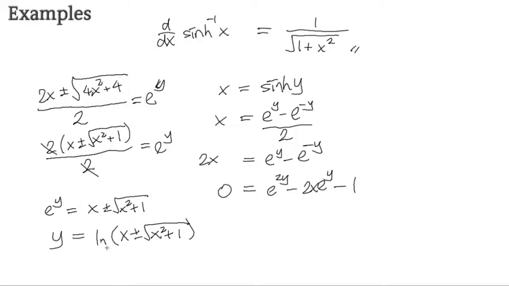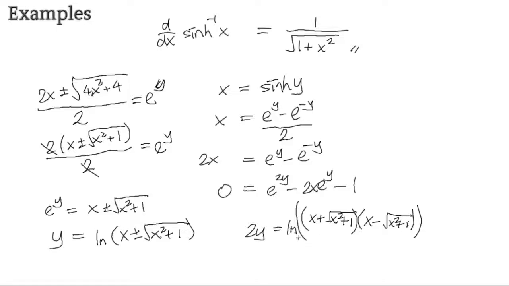With that, we can hypothesize that if I add two y's together, and given that it can be plus or minus, I can say that it is the natural log of x plus root x squared plus 1 multiplied by x minus the square root of x squared plus 1, they're all within the natural log, by the way.